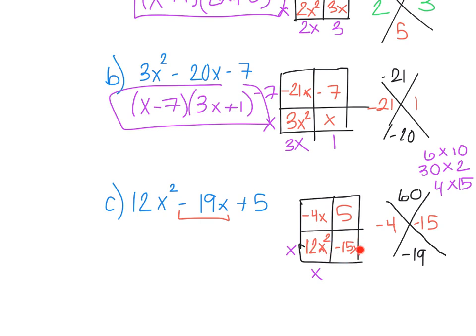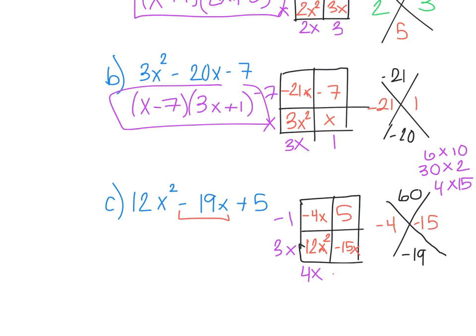And 3 is a factor of 15. So I'm going to break up this by doing 4x here and 3x there, and then I can do 4x times negative 1 would give me negative 4x, and 3x times what is negative 15x, and that would be negative 5.